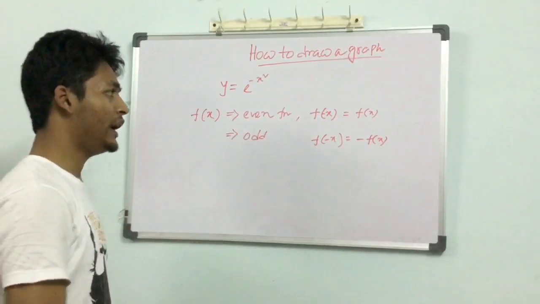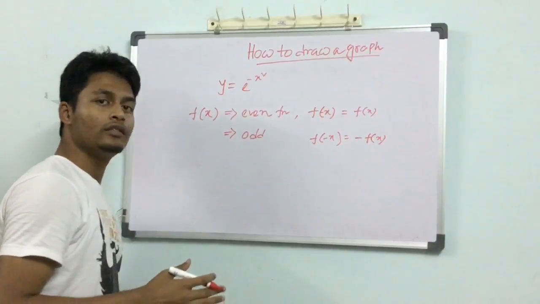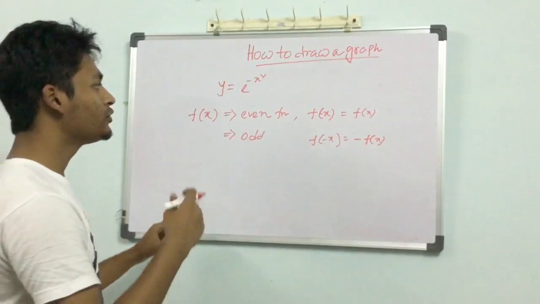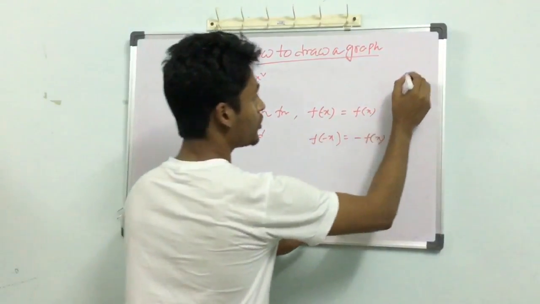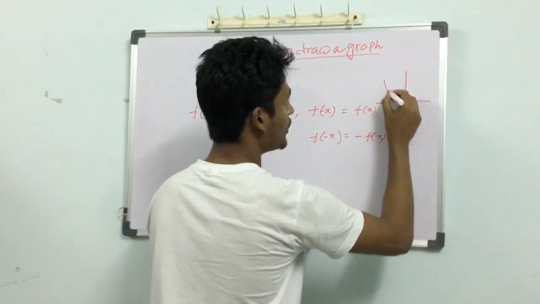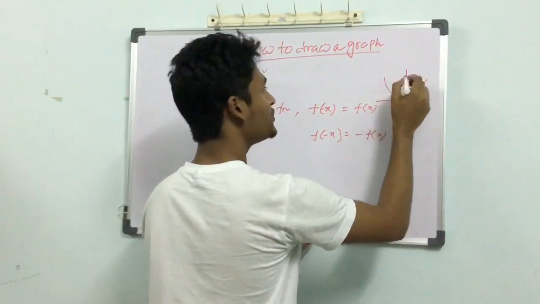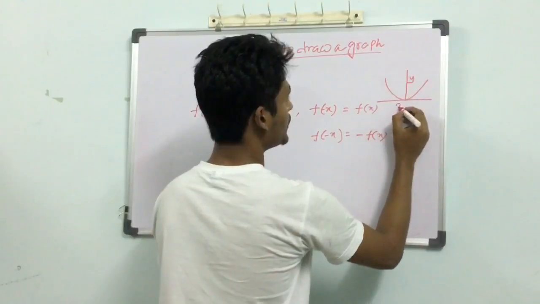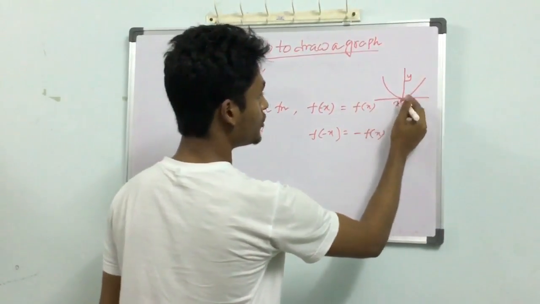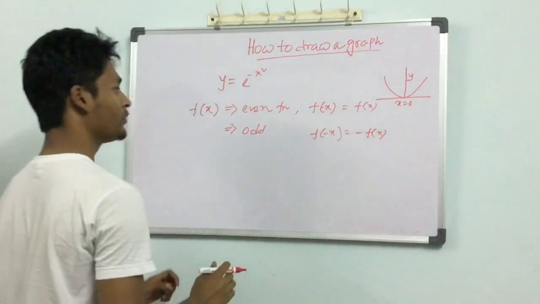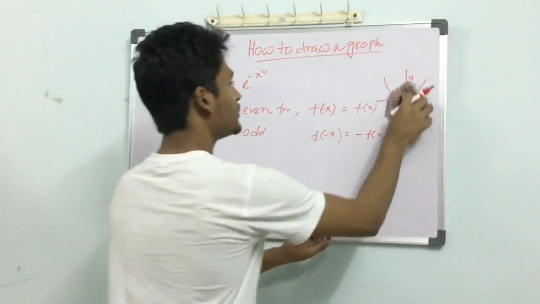Any even function, if you plot it, is going to be symmetric about your y-axis, like this or whatever. It is symmetric about y, that is x is equals to 0, and an odd function will be symmetric about your x-axis. Okay, so let me draw this.